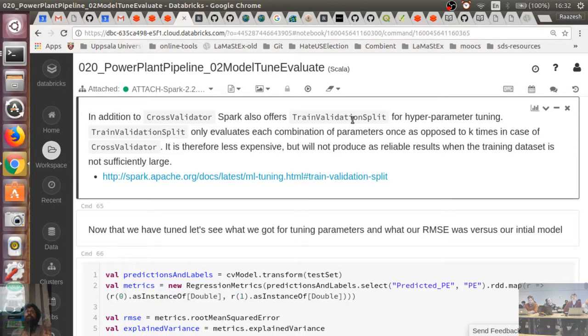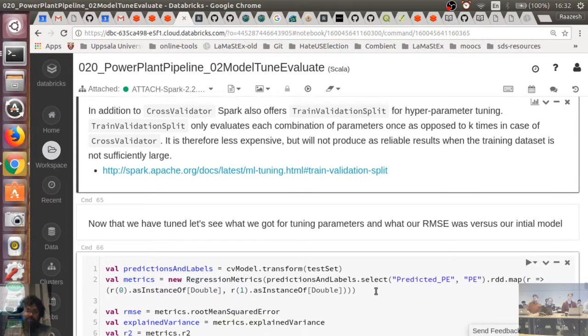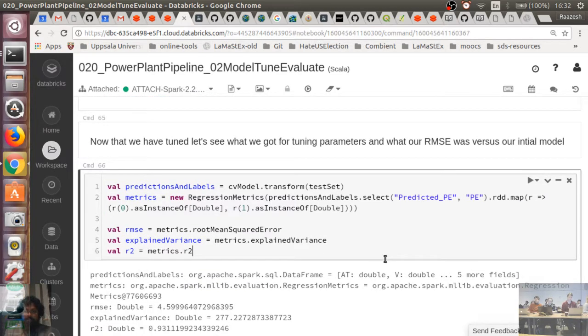So in that case, you'll take the training set and the validation set, and hope that this is okay, because you won't have time, and you will only hit each value of the hyperparameter once. That's important for large complex problems, and that's already built in as well.